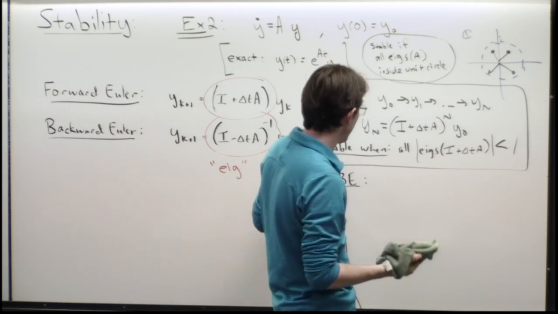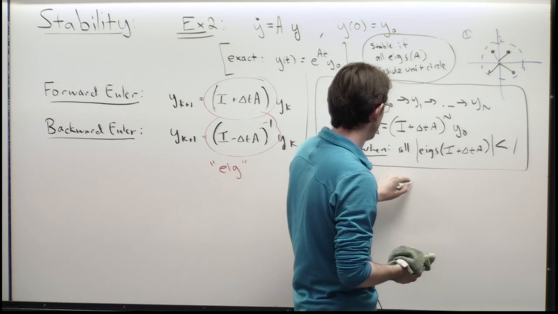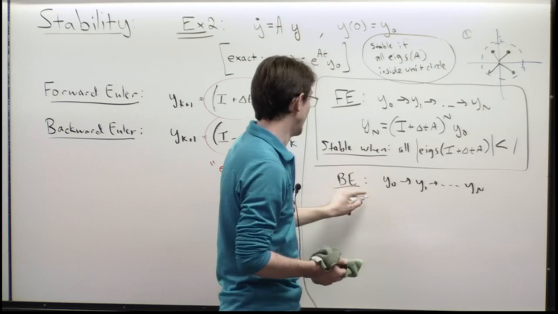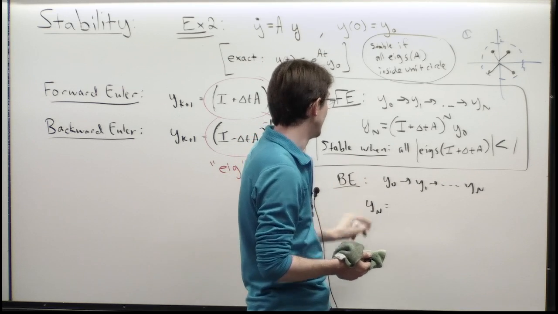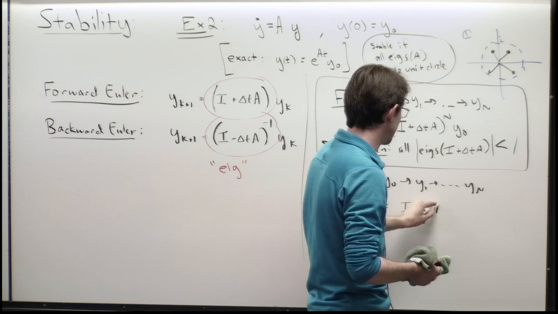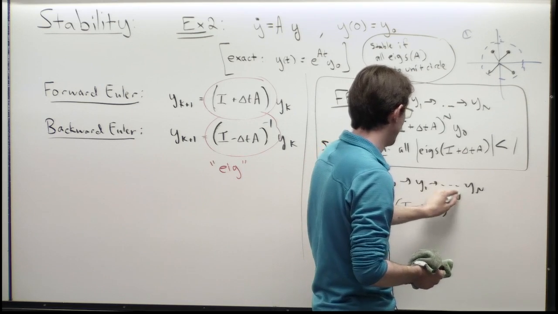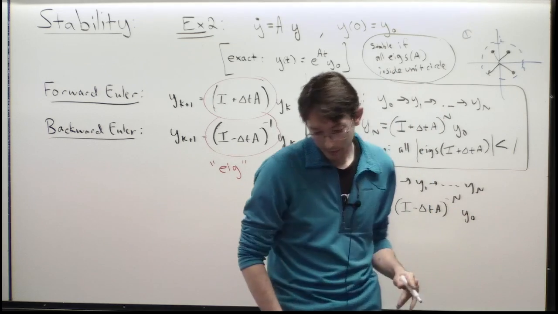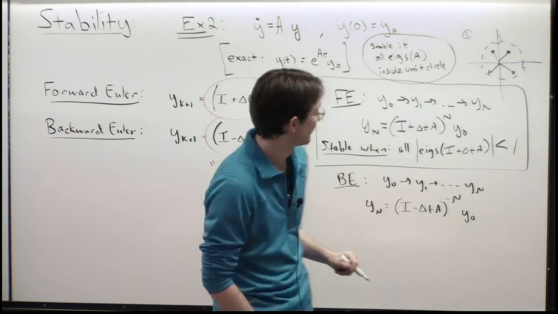So similarly, for backward Euler, we have a chain of trajectories dot, dot, dot to yn. And here we have yn equals, I believe it's I minus delta t A to the power negative n times y naught. Let's make sure I'm right. Good.